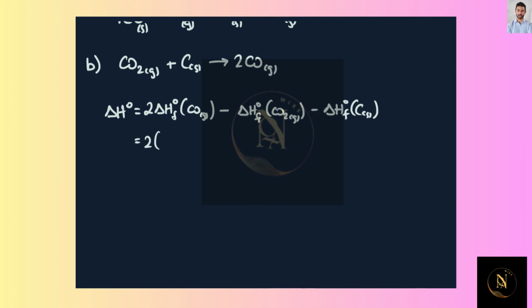This would be equal to 2 times negative 110.5 kilojoules minus 393.5 kilojoules minus 0. Delta H naught works out to 172.5 kilojoules, and that's our value for delta H naught.